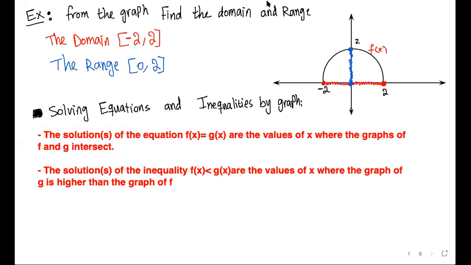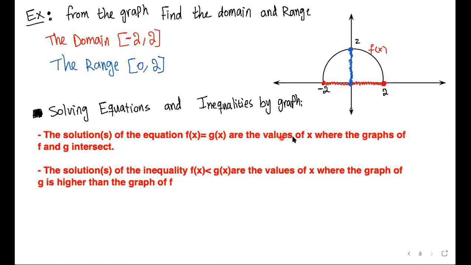Okay, let me read the definition. The solutions of the equation f of x equal g of x. Suppose I have two functions. The first function is f of x. The second function is g of x. To find the solution, suppose I have two curves, the curve for f and the curve for g, and I need the solution when f of x equals g of x.